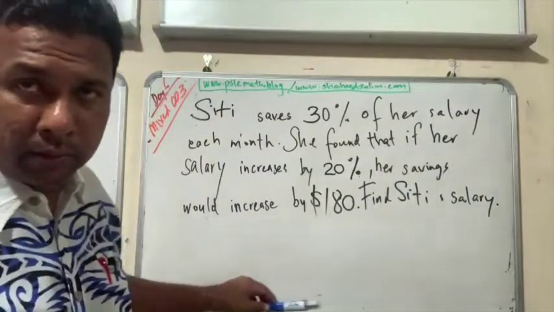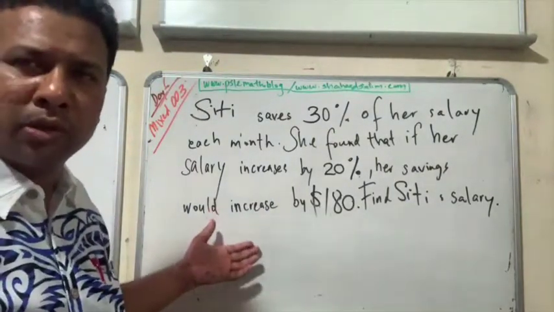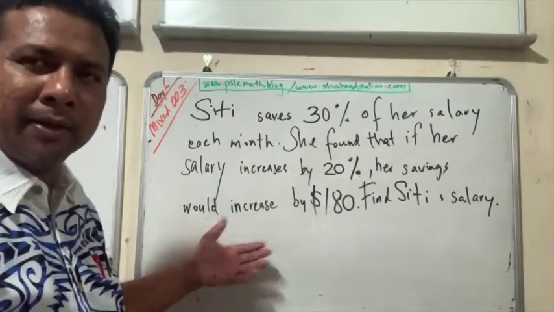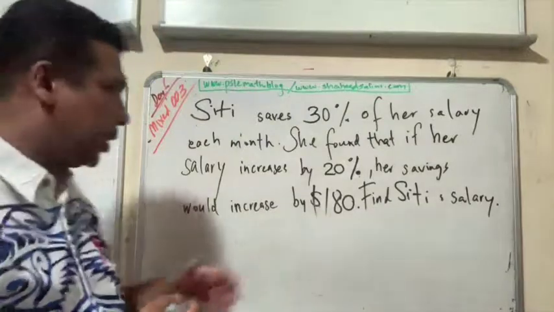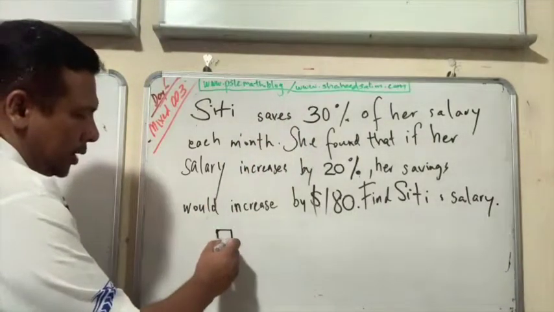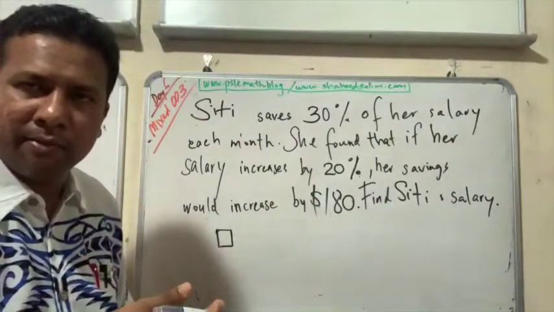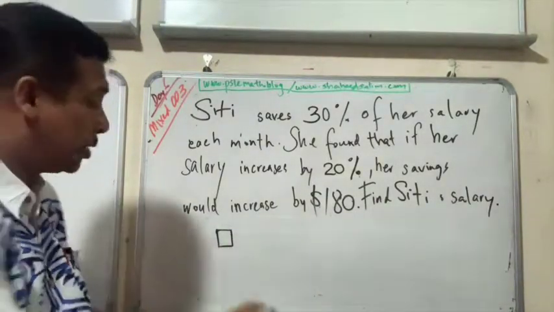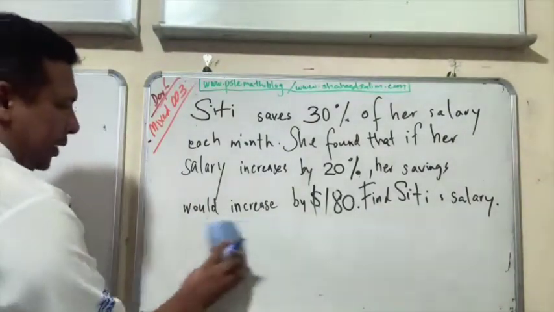So again, I'll draw a model. We can do it in a couple of ways, but I want to draw a model so that you can picture the explanation. Now let's assume 1 square is 10%. So Siti's salary is 100%, there must be 10 squares. Let me draw a rectangle first and cut it into 10 parts.